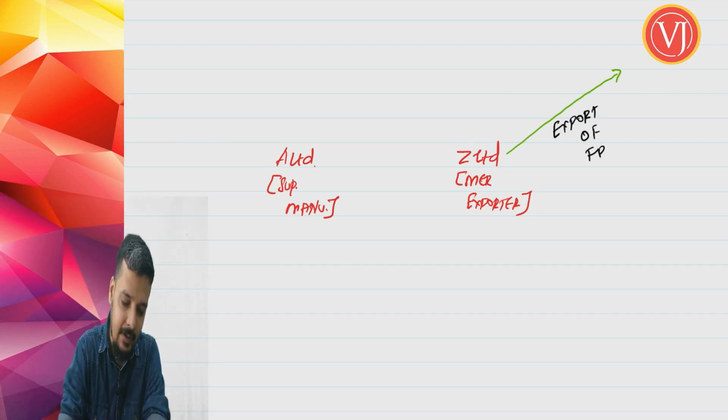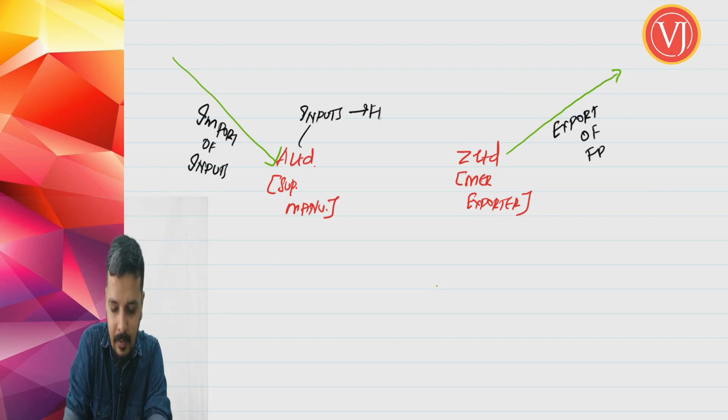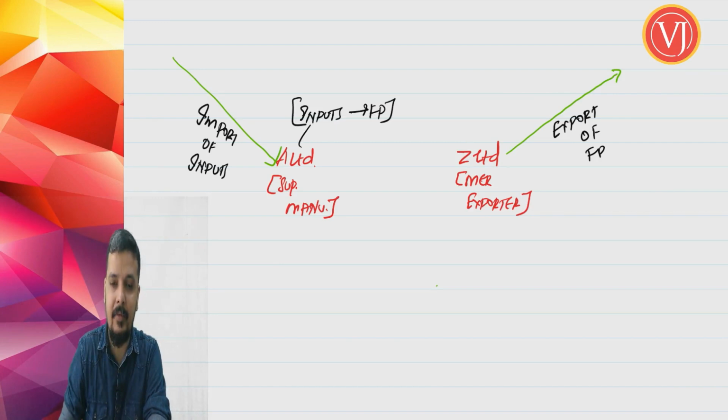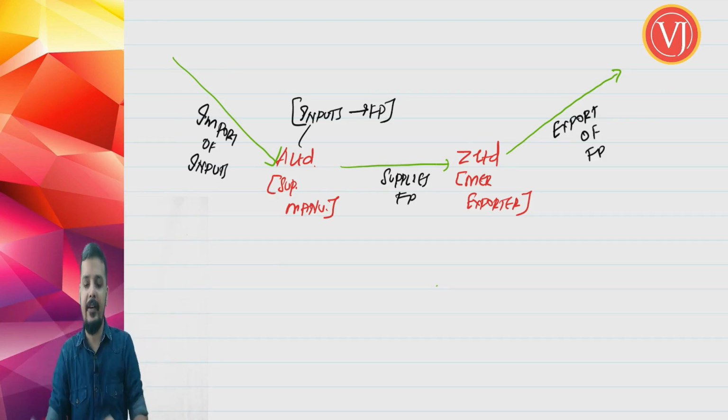A Limited imports the inputs and converts them into the final product, because A Limited is a manufacturer, and supplies the final product to Z Limited, and Z Limited is not doing any manufacturing work, it is just exporting.